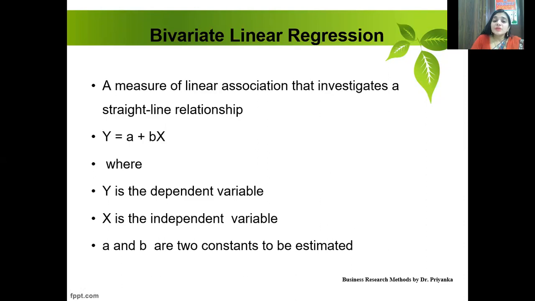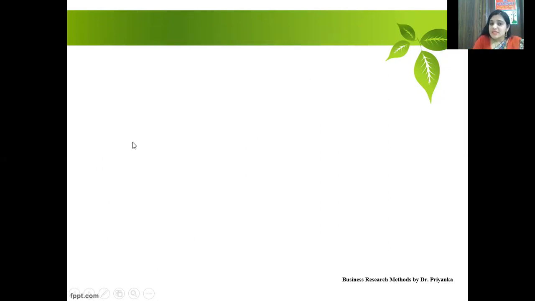Regression investigates a straight line relationship, that is y is equal to a plus bx, where y is the dependent variable and x is your independent variable. A and b are basically the constants which we will be estimating in the analysis.